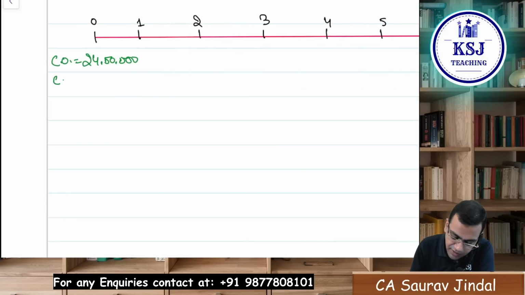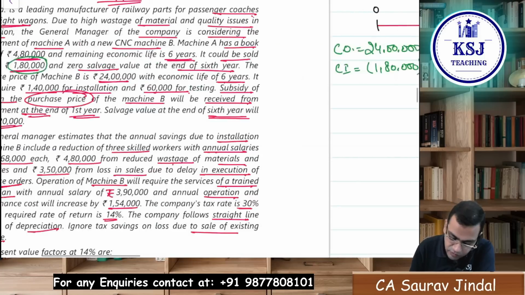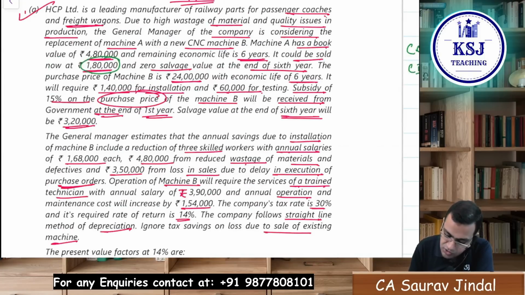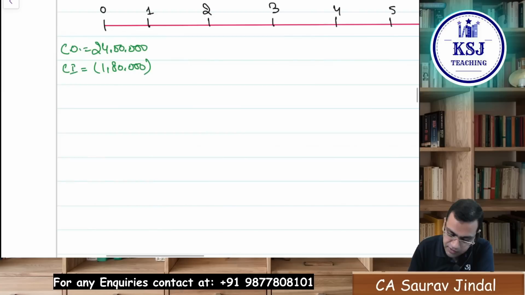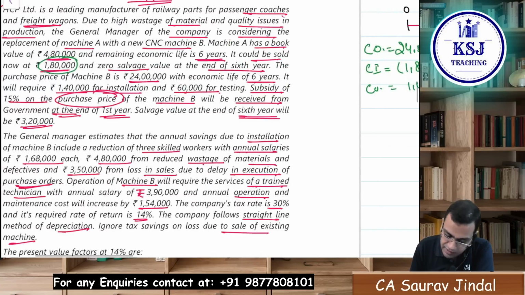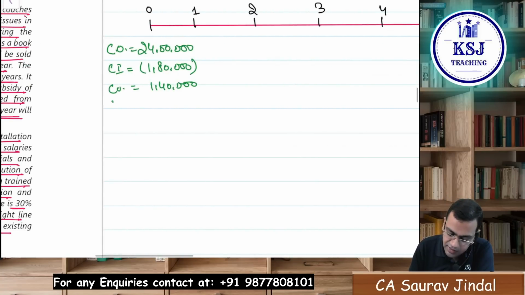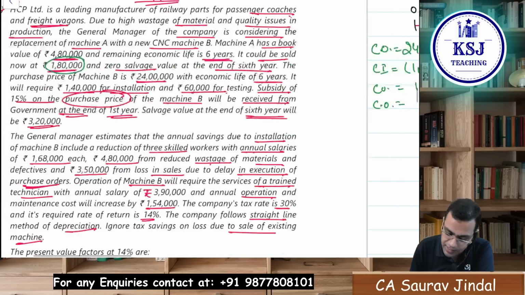So it will be a cash inflow of 1,80,000. After that, we have the installation expenses of 1,40,000. Yes, sir, cash outflow of 1,40,000 for installation expenses. Then another 60,000 for testing, again a cash outflow, that is 60,000 is the testing cost. Any other thing?